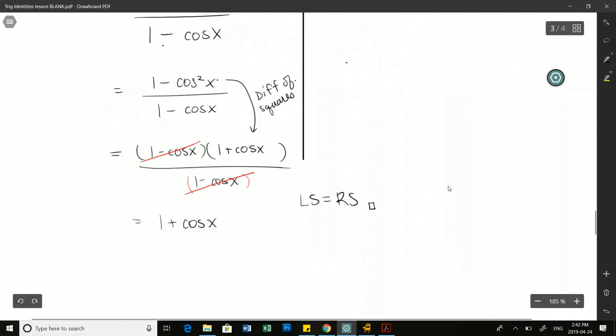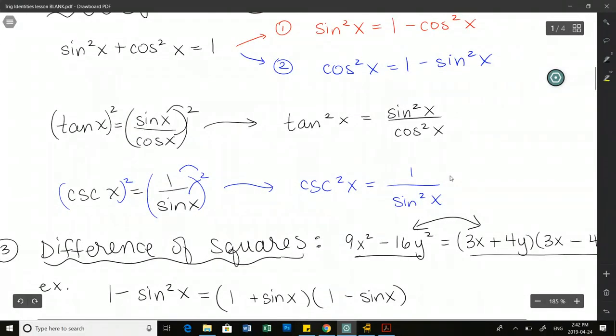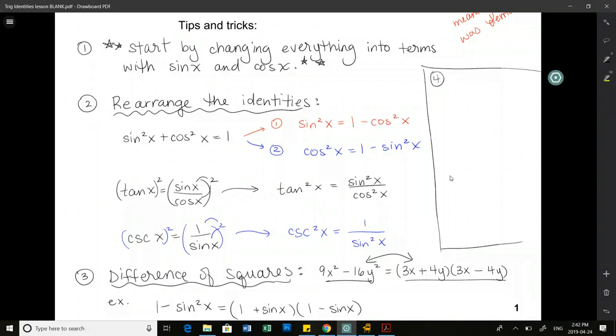Okay, and I actually am going to have you go back over to your tips and tricks here. There's one other little thing that I want you to add to your list. I'm going to put it over here if you have some extra space. And that is, if you're adding and subtracting fractions, basically all of the time, you are going to combine those fractions. So find a common denominator and put them together.